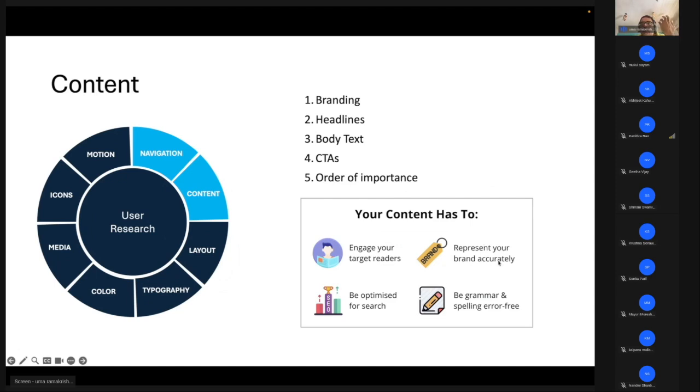You can't pretend to be one person and talk like someone else, right? It's the same for your brand. And also be grammar and spelling free. All this goes into smoothening the user experience. If he's reading something that talks to the problem he's been carrying for a long time, he'll automatically connect with it and start engaging with your site. So your content plays a very crucial role.